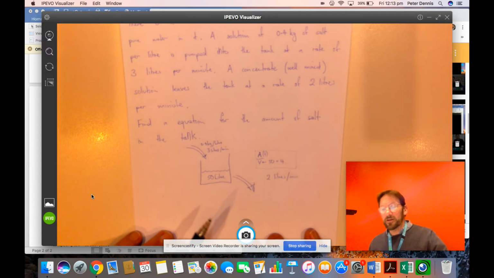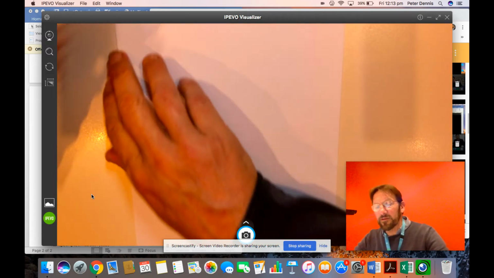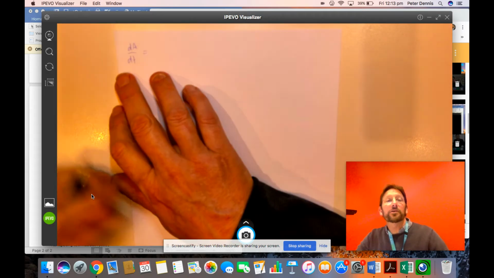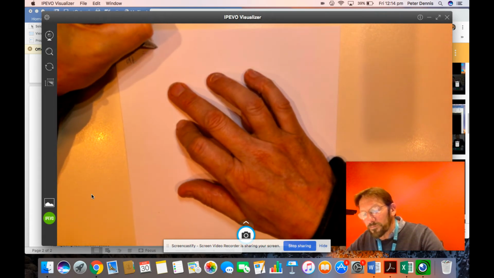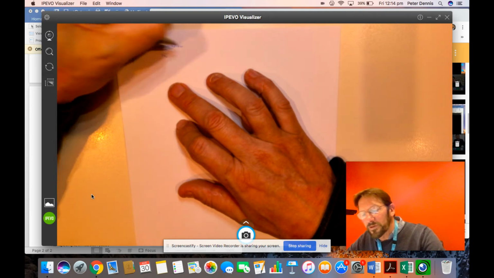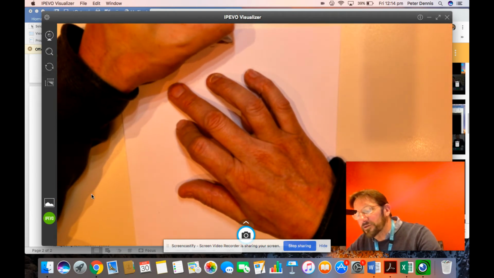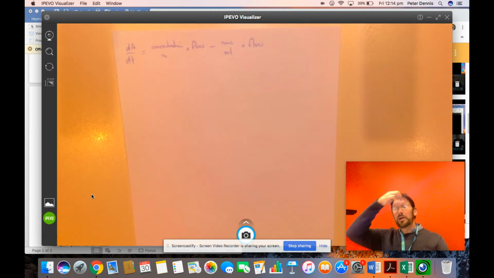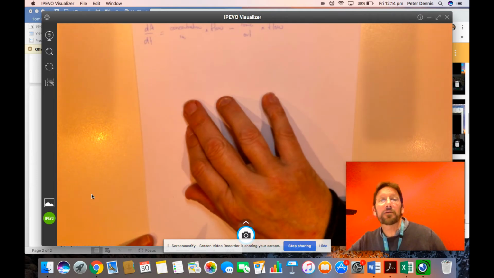So when we set up our little equation, it's going to be set up exactly the same way. dA/dt is going to be concentration in times flow minus concentration out times flow. That is always the same sort of setup to start with, at least.